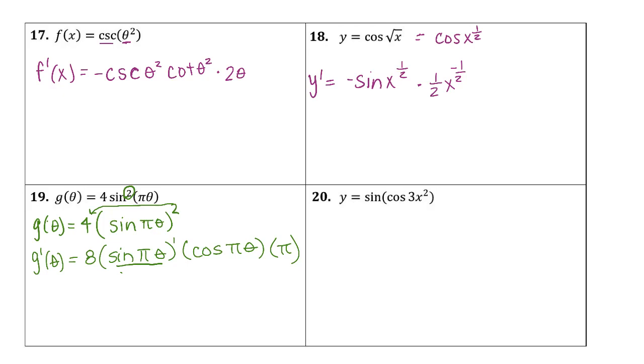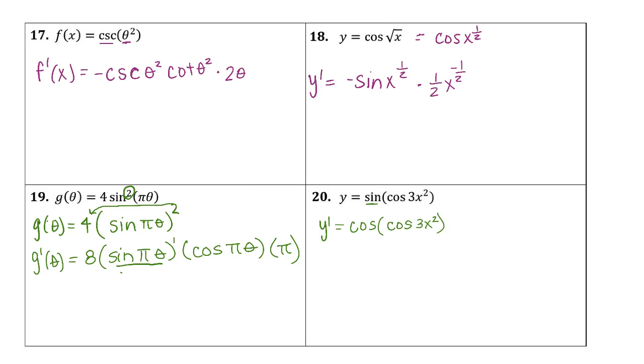Okay, let's try number 20. So again, we have our chain rule. Y prime equals, we're going to do the derivative of the outside, so the derivative of sine of all of this angle is going to be cosine of all of this angle. And then we're going to have times the derivative of the inside.